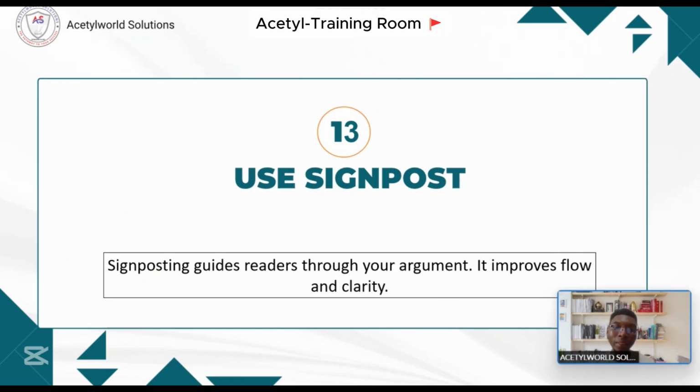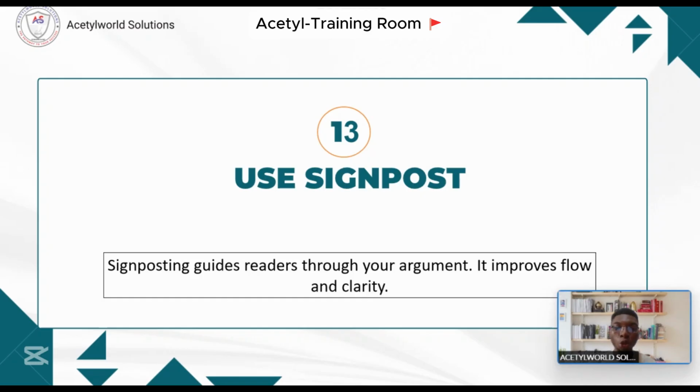So the last thing, which is the 13th rule of maintaining an academic tone, is using signposts. Now, with all this that you've learned so far, at least you know how to write in line with academic standard.